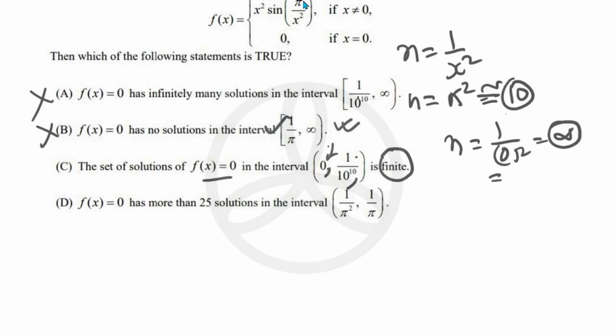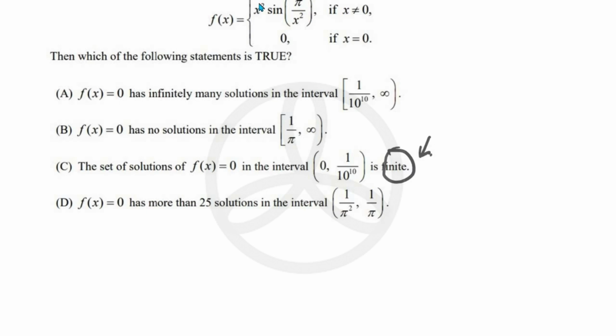And so it will have infinitely many solutions on one side. Therefore, finite is actually not the right answer for this. And the set of solutions, it is saying, will be infinitely very large. This is again incorrect. Now let us check the last one.